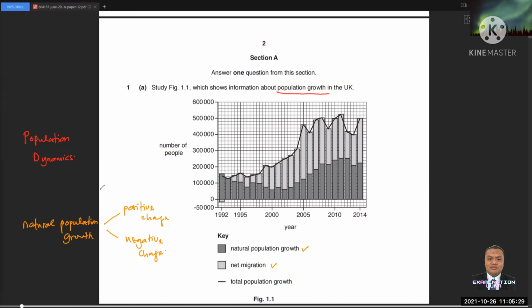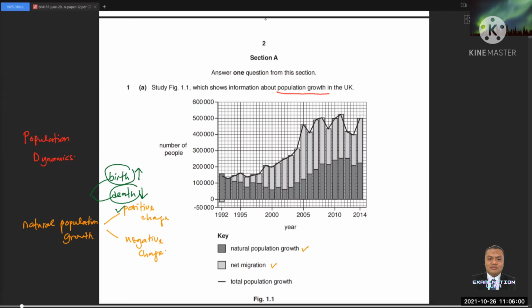Natural population growth ni adalah all about the number of birth and then the number of death that occurred in a certain period of time. Jadi maksudnya kat sini, kalau kadar kelahiran lebih tinggi daripada kadar kematian, bermaksud anda mempunyai the positive change. Okay? Ingat kalau kadar kelahiran lebih tinggi daripada kadar kematian, maka anda akan ada positive change.